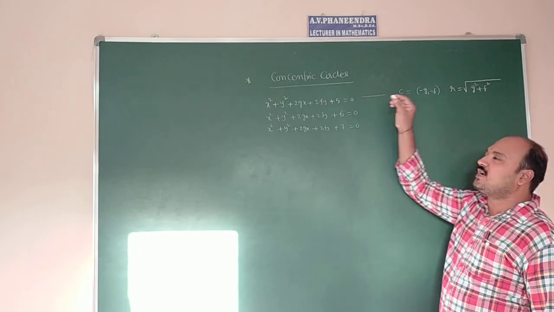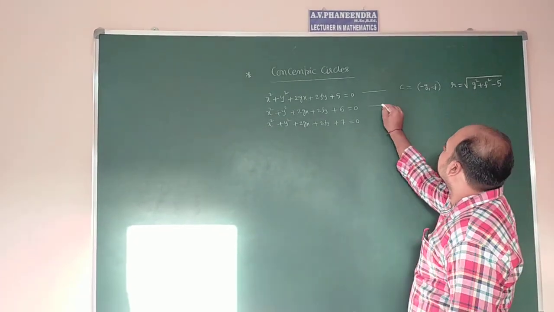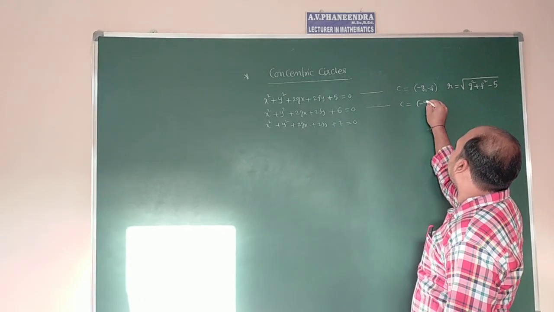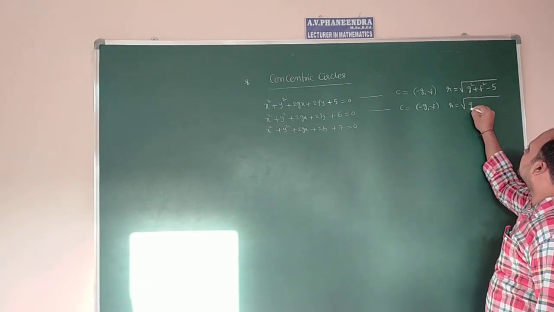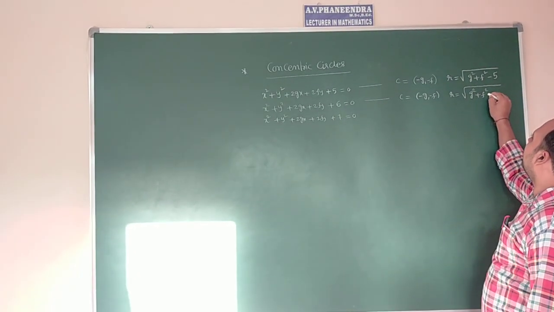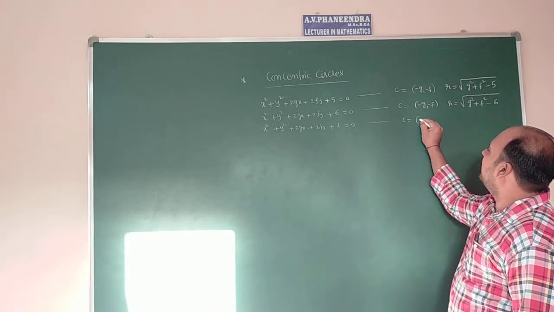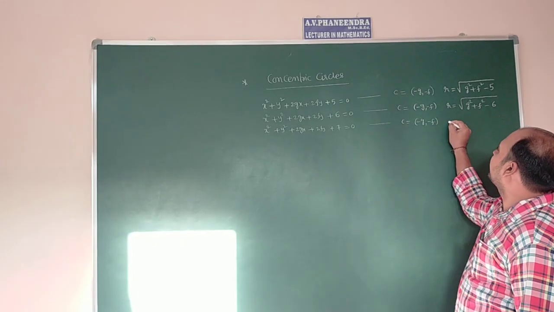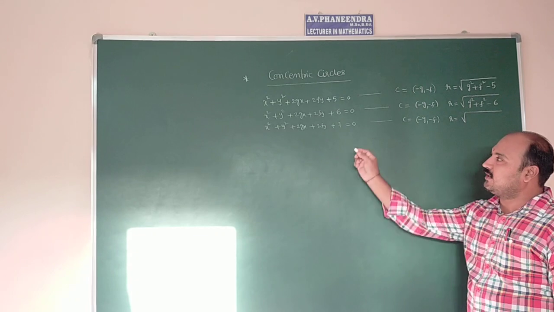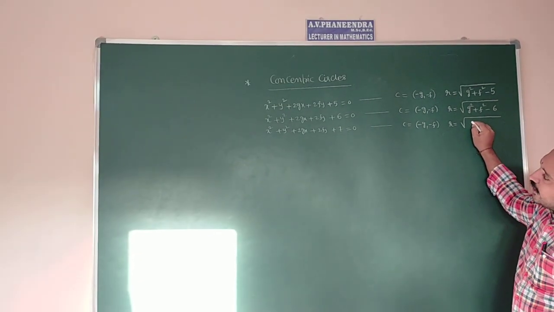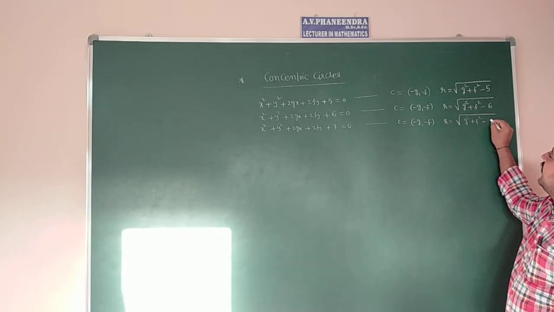In place of c, the constant, what value is there? 5. The center of the second circle is also (minus g, minus f); radius, if you calculate, is square root of g squared plus f squared minus 6. And coming to the third circle, the center is (minus g, minus f) and the radius is square root of g squared plus f squared minus 7.